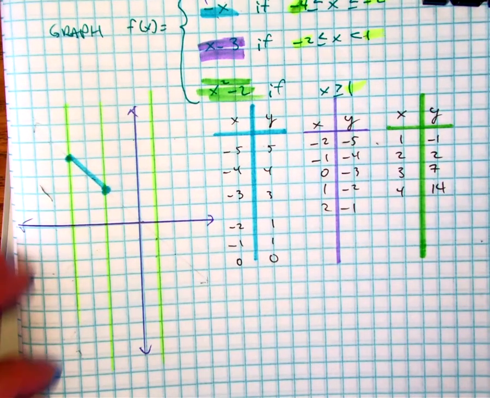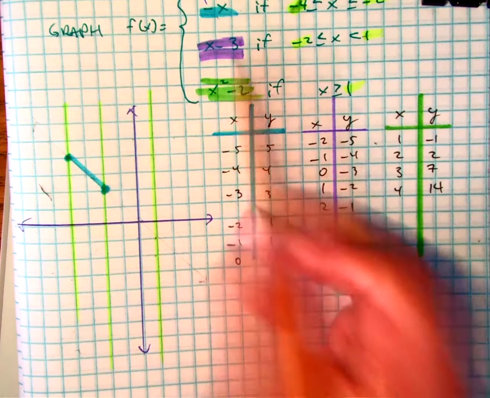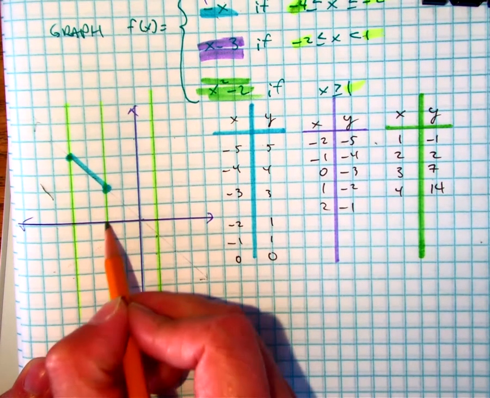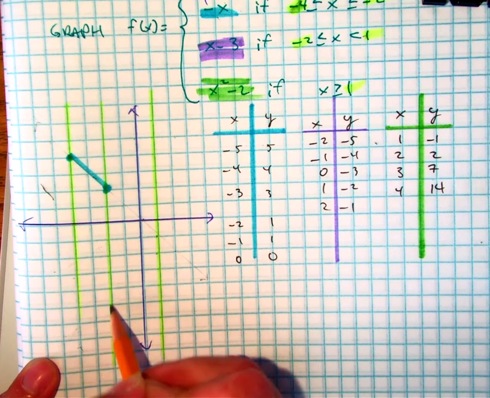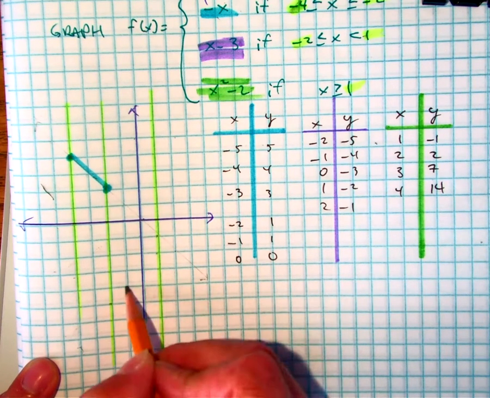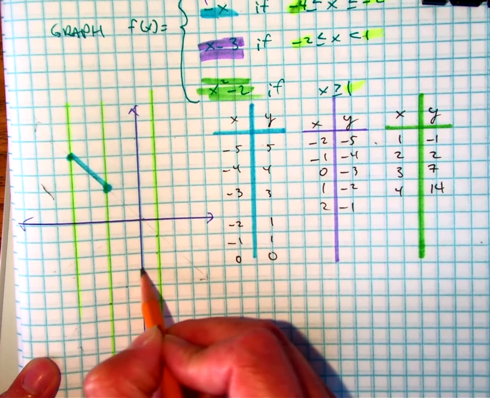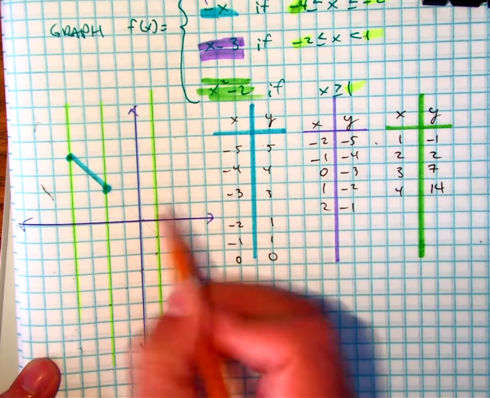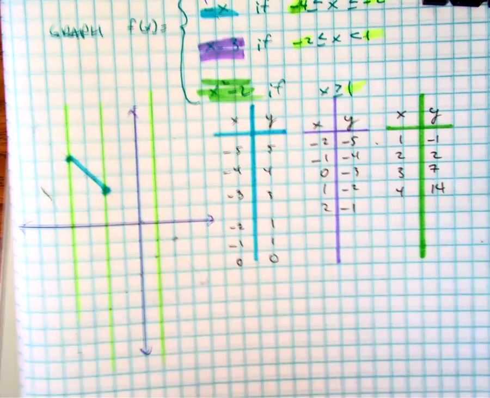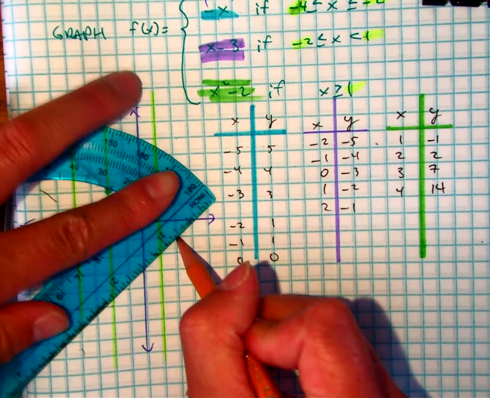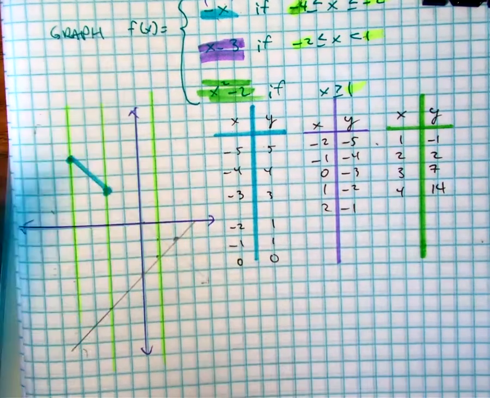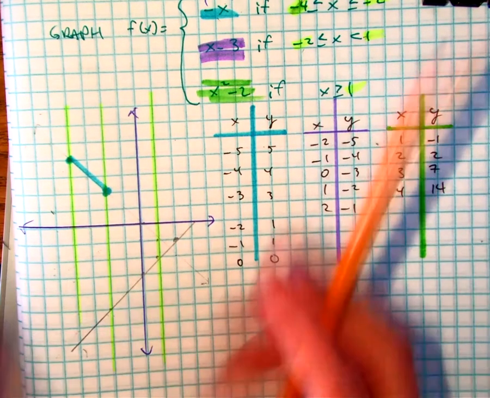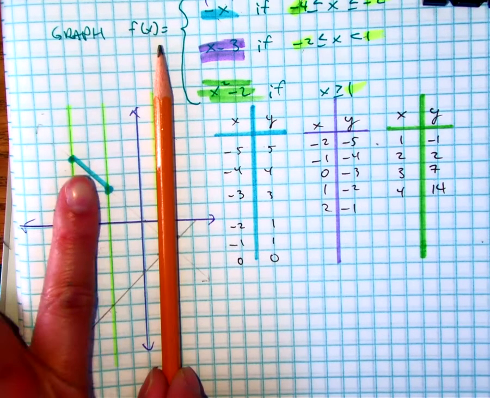On to the next piece. In purple, we had these points here, -2, -5, -1, -4, 0, -3, 1, -2, and 2, -1. So here's my line. And I only want it between -2 and 1, which is between these two boundaries here.